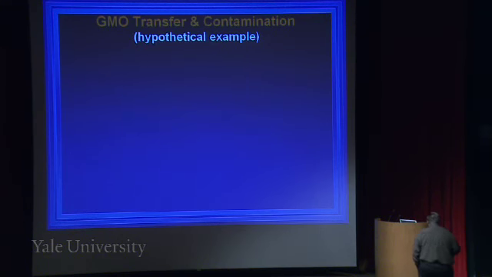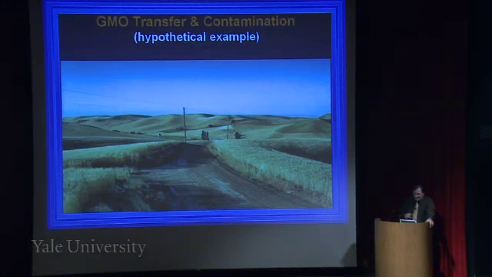Now there's a large concern about genetically modified foods and their transfer and contamination to different parts of the environment. So here would be a hypothetical example. So here are wheat crops. And let's just say that this white line represents the property line between two farms.